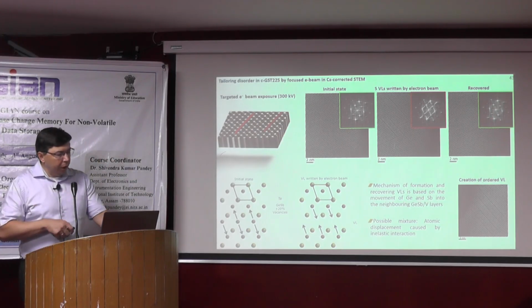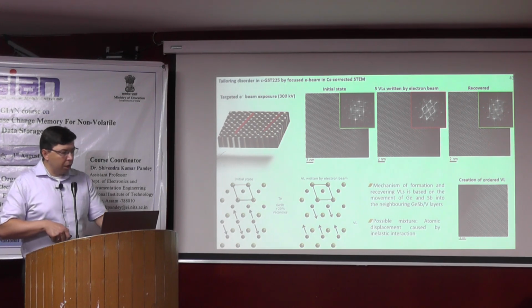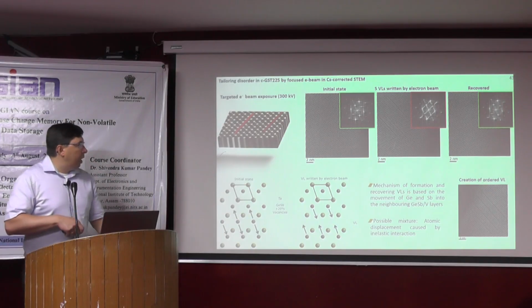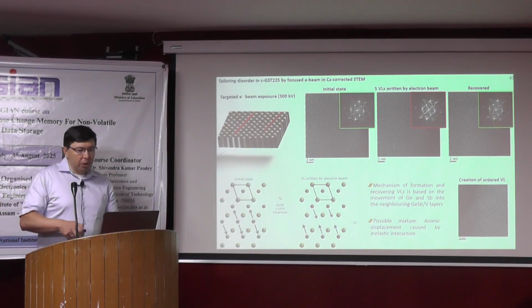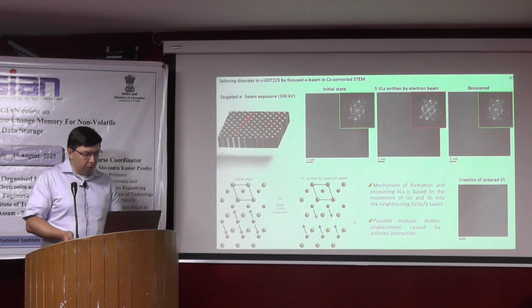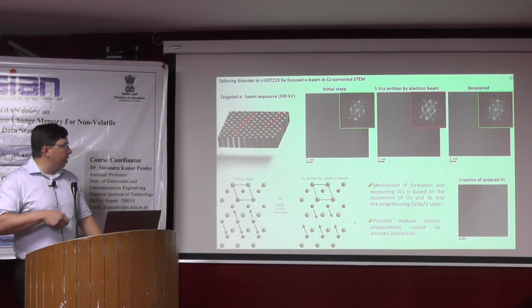By this we can create different nanoscale structures in the material, like here periodic vacancy layers, where we have building units with 5 tellurium layers, which corresponds to the 2 2 5 structure. And what happens here in the case of such electron beam irradiation?